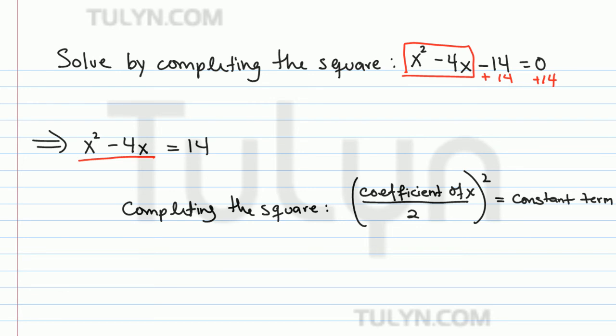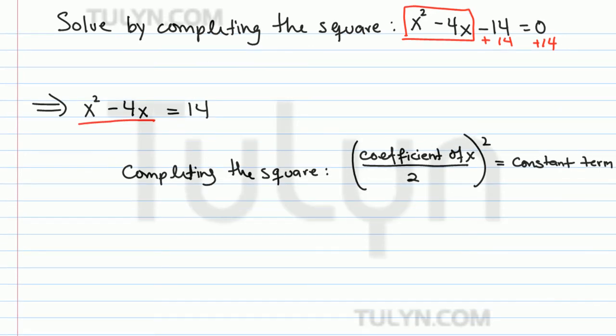Right? So let's do that. So the coefficient of x in this case is negative 4. So we want to take negative 4, divide that by 2, and then square it. So we get negative 2 squared, which is positive 4.